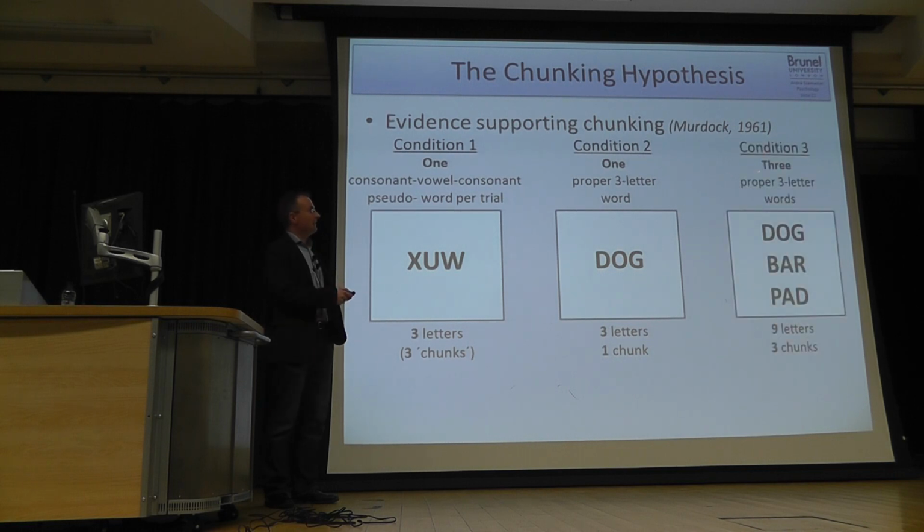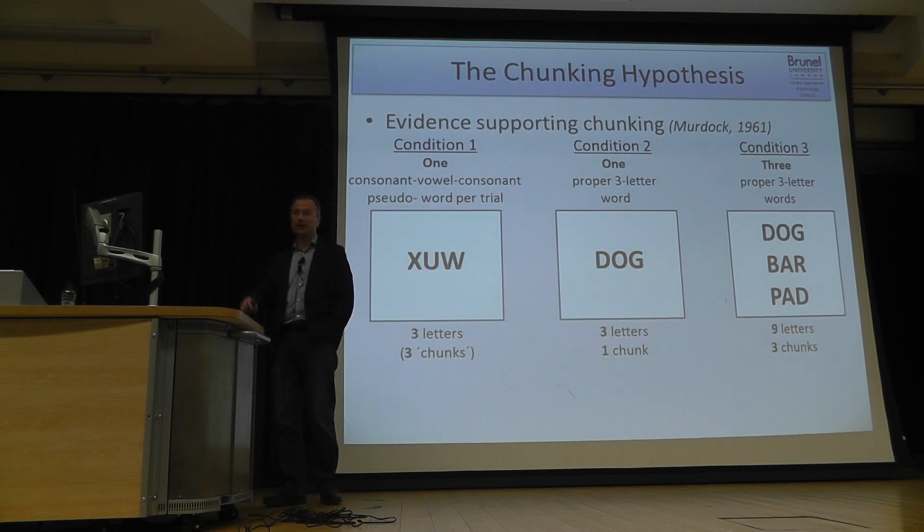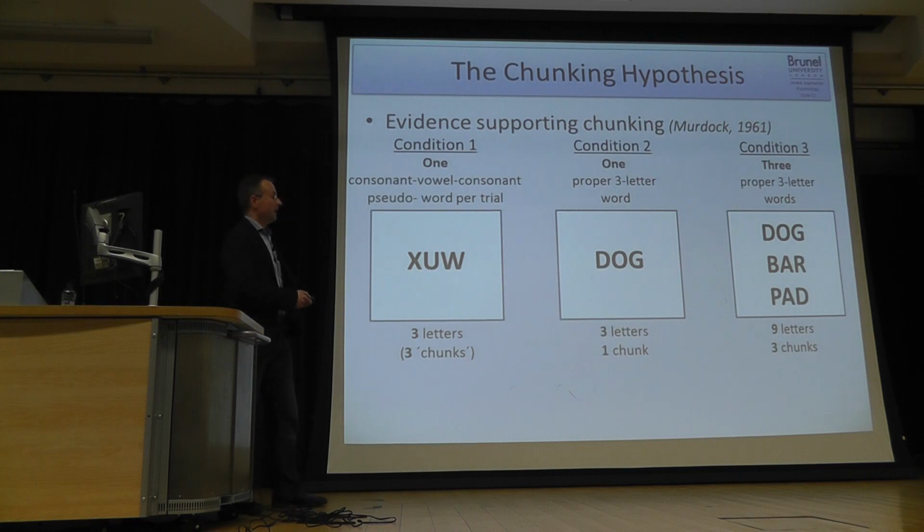And finally, he had 3 proper 3-letter words, like dog, bar, pet. So when we define information as number of letters, we would have 9 letters. If we define it as number of chunks, we have 3 chunks. Now the crucial question is, how is information defined in short-term memory? If it's on the basis of letters, these 2 conditions should be similar because they both consist of 3 letters.